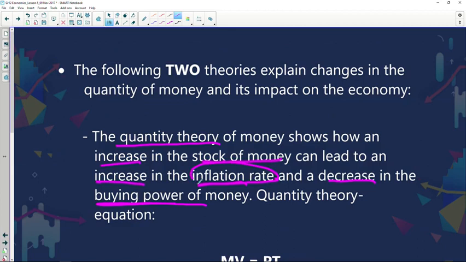That was my example earlier on when I mentioned what had happened in Zimbabwe during that particular time, where there was an increase in the amount of money that was in circulation, and that resulted in an increase in the inflation rate. The inflation rate was so high, it was actually a ridiculous amount when you would hear of it.